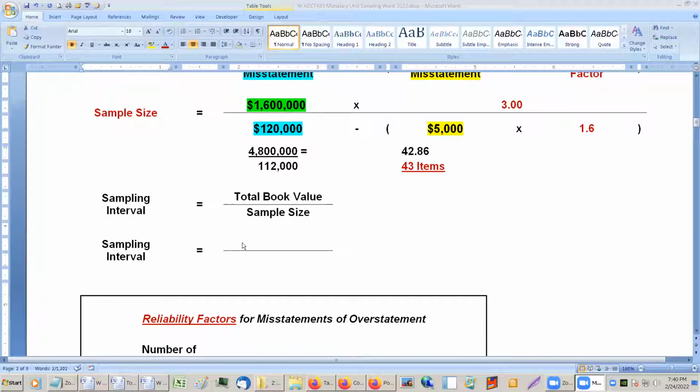All right, next thing I'm going to do is find the interval. We take the total book value and divide it by the sample size.